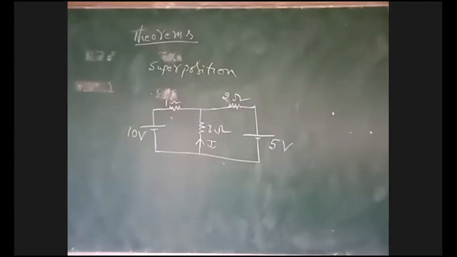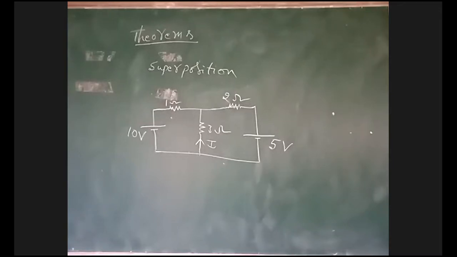First, you are discussing superposition theorem. I had told one note point. In theorems, it is asked to determine current in only one branch. In this problem they are asking in 3 ohms. Sometimes they may ask in 1 ohm also. Sometimes they may ask in 2 ohms also. So in a problem they'll ask to determine current in only one resistor or one branch.